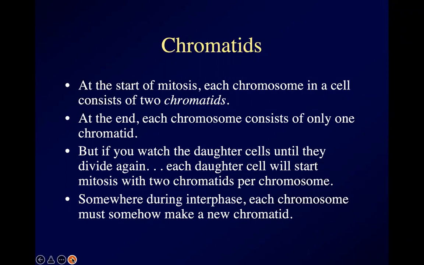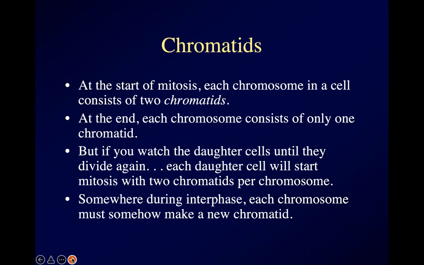So when we can't see the chromosomes anymore, they consist of one chromatid. When they reappear, they consist of two chromatids. So somewhere during interphase, each chromosome has to make a new chromatid. The chromosomes are always there. You can't see them when the cell is in interphase. You can't make them out as separate little entities.